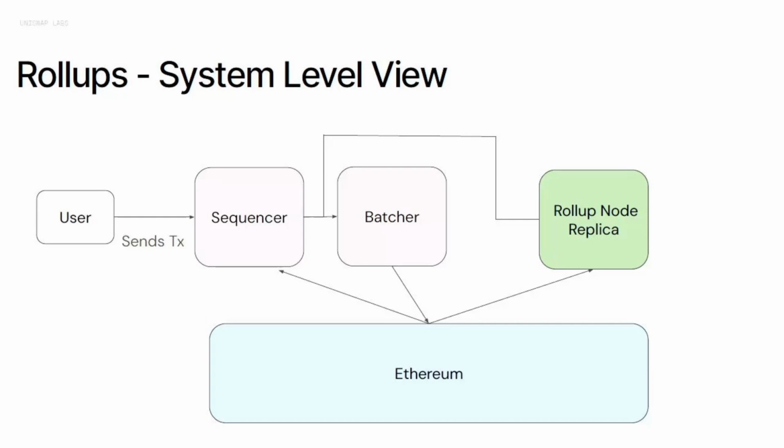Now again, for the benefit of the audience, how is that different from, say, using Coinbase, which is a centralized service, rather than using it on Unichain? Right. If you're using Coinbase to trade, you give your funds to Coinbase.